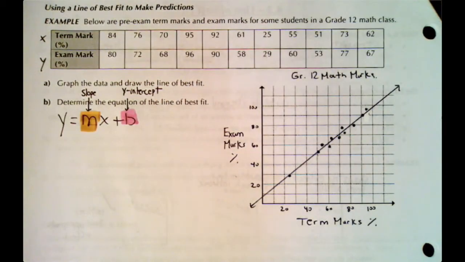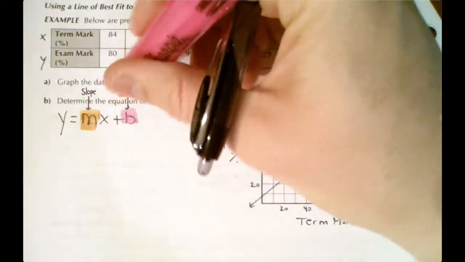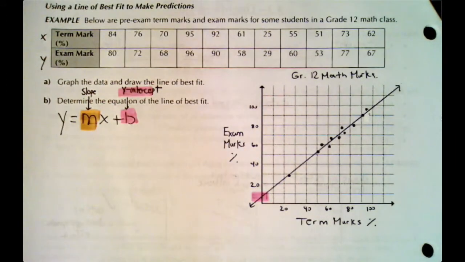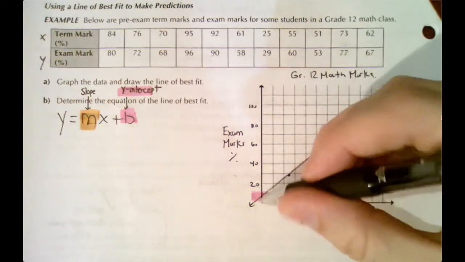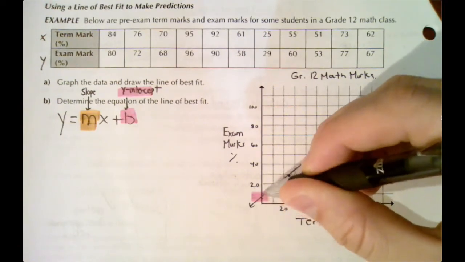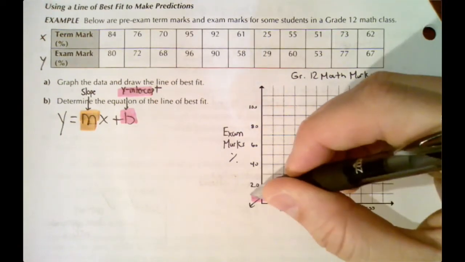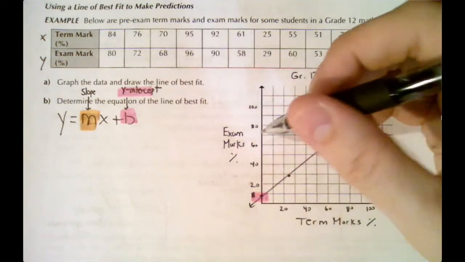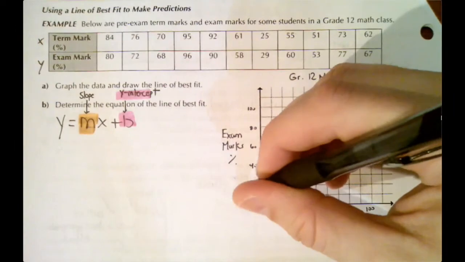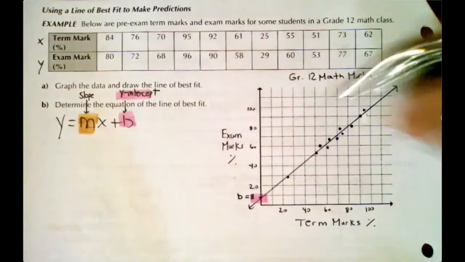The y-intercept's fairly easy to find. If we want the y-intercept, we look at where our line crosses the y-axis. So, it looks like we have to estimate because we're below 10. We're above 5. Let's call it 8. Our y-intercept is 8. So b is 8.